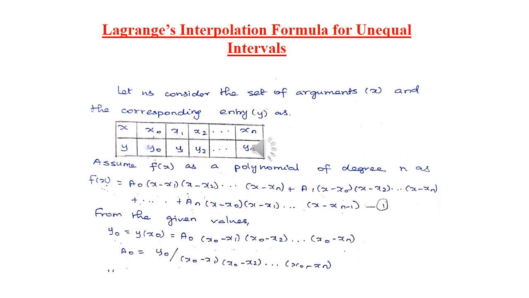Because let's see this equation 1, except the first term, all other terms have the term x minus x0. So if we substitute x equal to x0, all other terms will be equal to 0 except the first term. So we have only the first term if we substitute x equal to x0. So a0 equal to y0 divided by x0 minus x1, x0 minus x2 up to x0 minus xn.